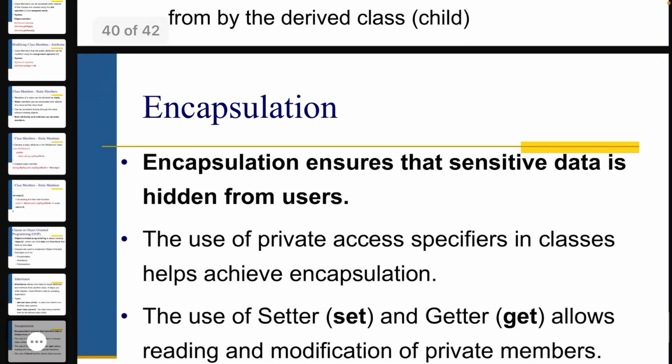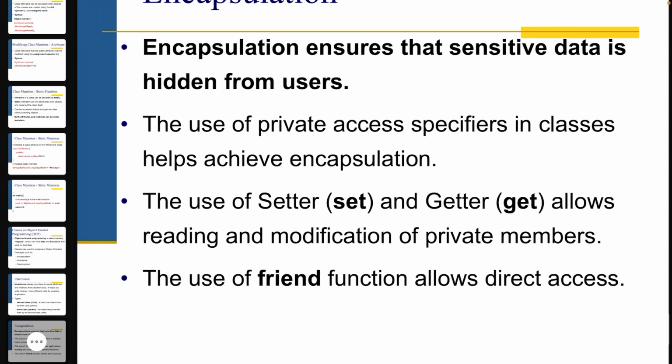Encapsulation ensures that sensitive data are hidden from users. The use of the private access specifier in classes helps achieve encapsulation. So with encapsulation, we use the private access specifier to ensure sensitive data is hidden, or not accessed outside the class.